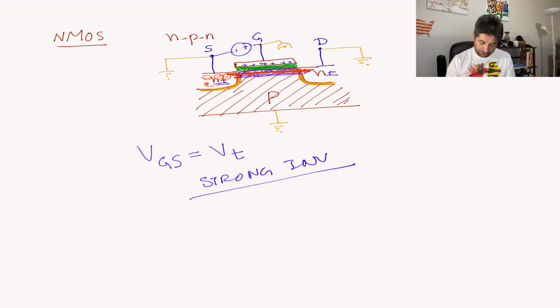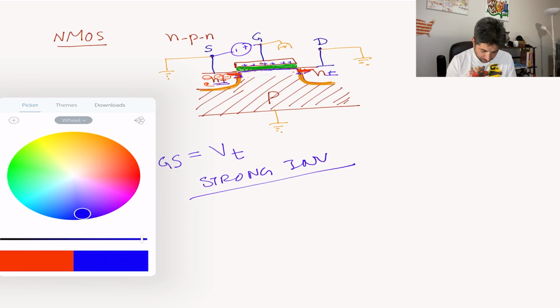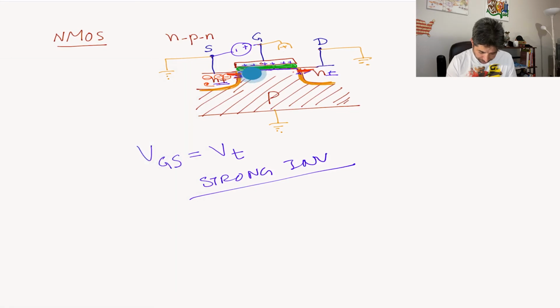Now what happens in pinch off is, so we had electrons here, and they start building in here.